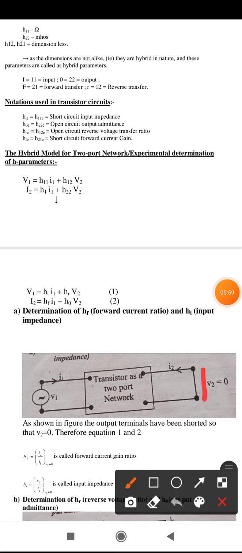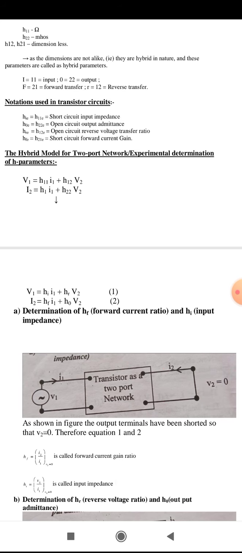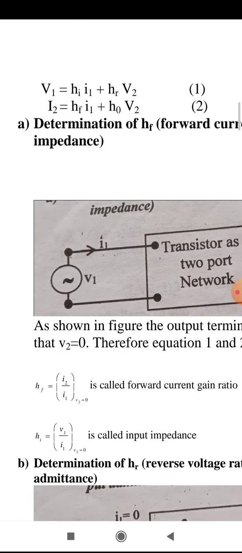These two connections are shorted, and at the input side we apply the voltage. For the determination of the forward current ratio, V2 is equal to 0, and HF is equal to I2 upon I1, called the forward current gain ratio.